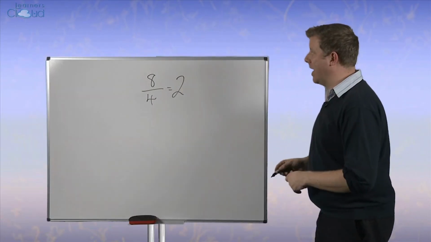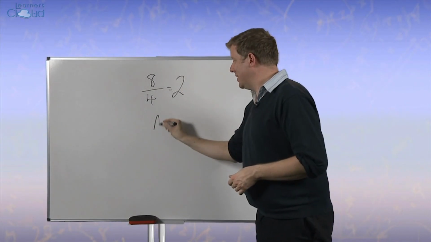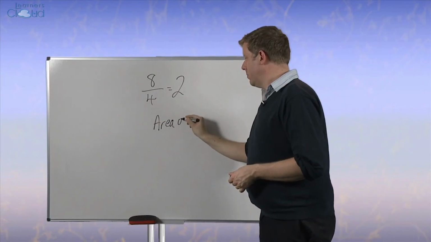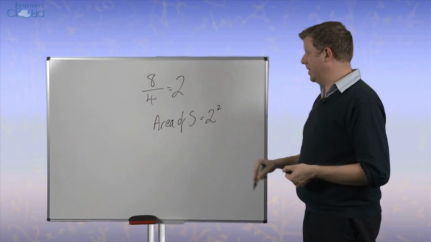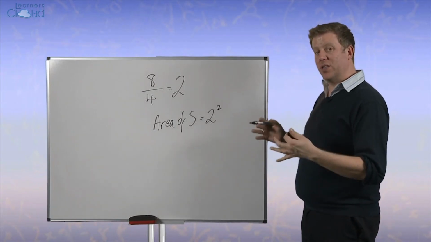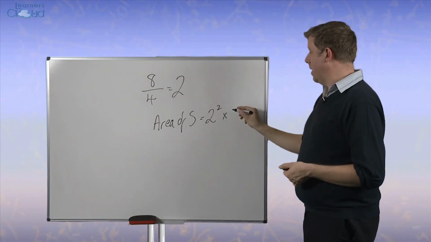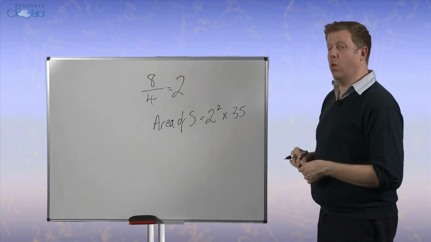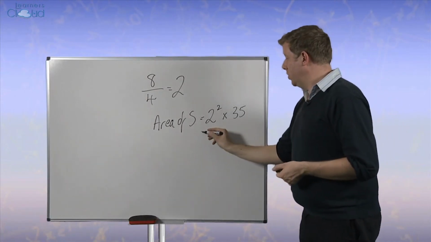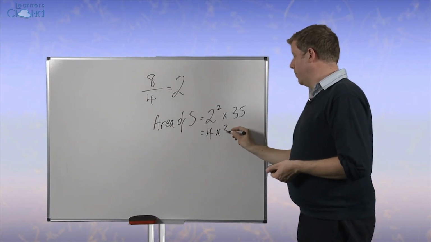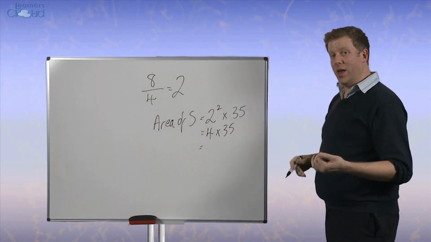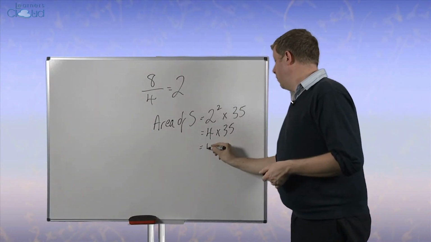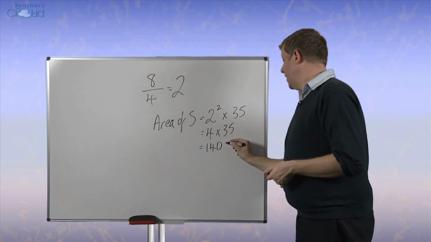So, in order to work out the area of shape S, it's 2 squared, the constant we've multiplied by squared, multiplied by what the area of R was. 2 squared, you all know, is 4, multiplied by 35 gives us a final area for S of 140 centimetres squared.